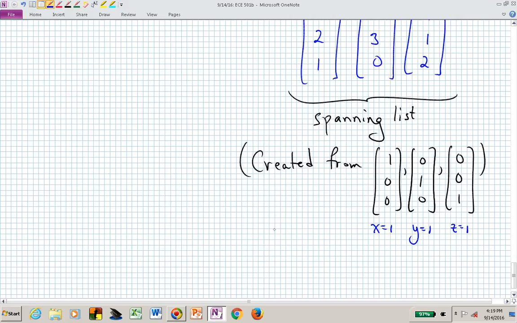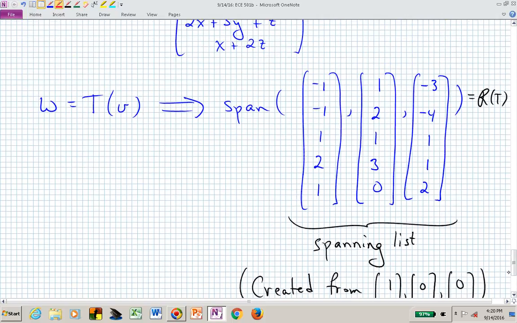And this gives us then independent vectors in our input vector space R3.